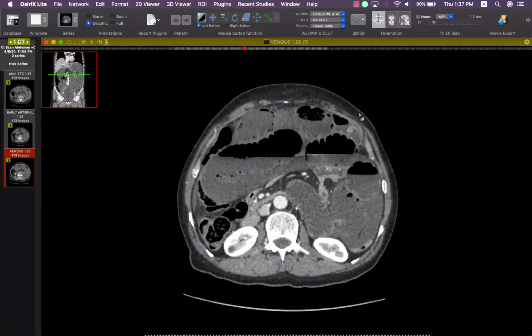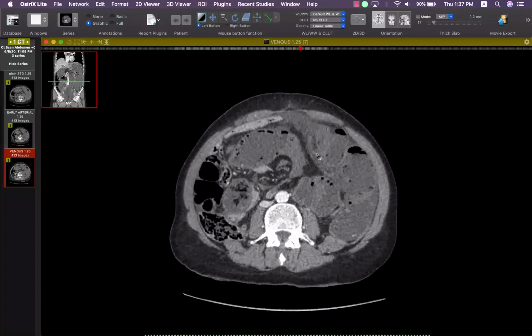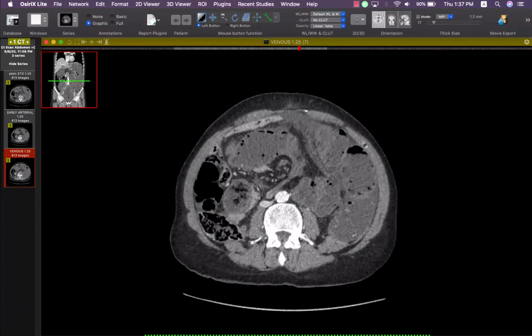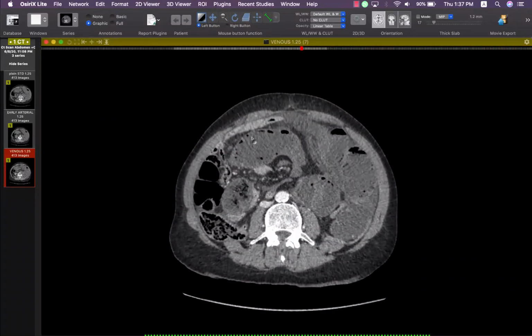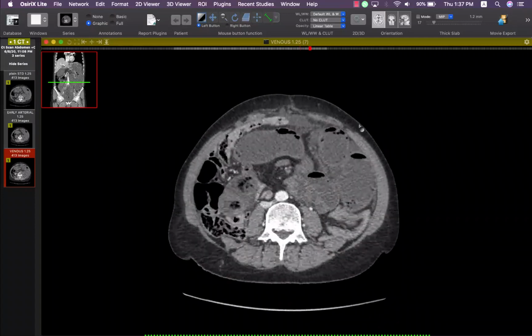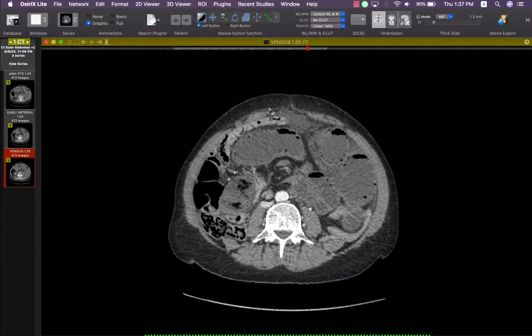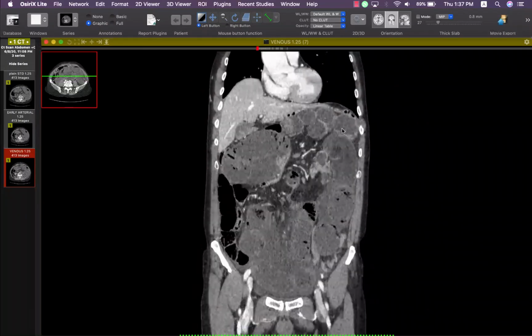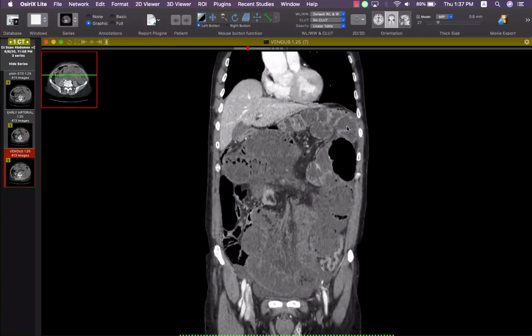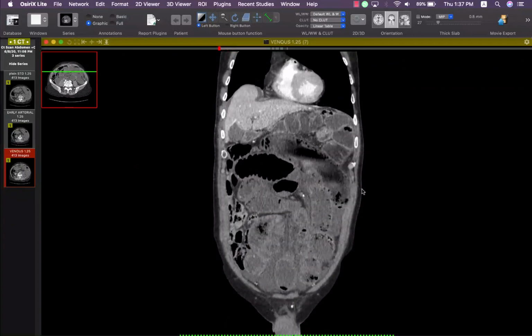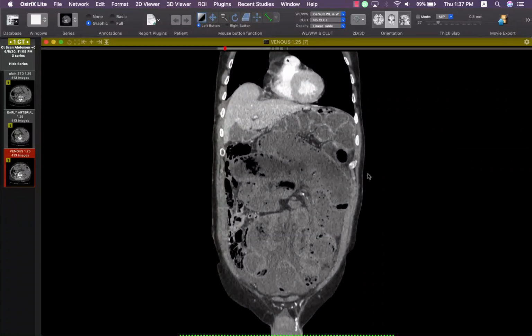Also, we can clearly see that there is poor enhancement and mural thickening of the involved bowel loops, and also a peripheral distribution of the air locules, and this is again one of the signs of advanced ischemic bowel, which is called pneumatosis intestinalis. So in this patient, we suspect a complication of the closed loop obstruction: ischemic bowel and maybe signs of pneumatosis intestinalis, the small air locules that are peripherally oriented here.